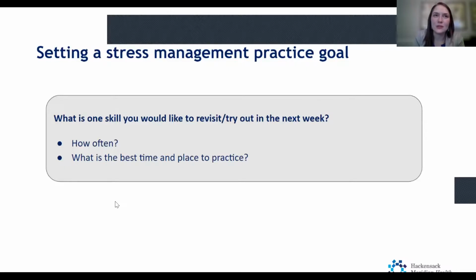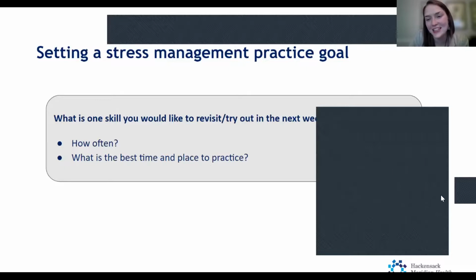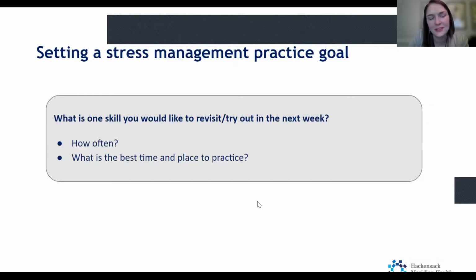A lot of times people like to revisit, for example, relaxation exercises around bedtime, which can potentially help with sleep. And I see a comment in the chat about that too. Great, I'm glad that people seem to be mentioning mindfulness, breathing exercises. Wonderful.